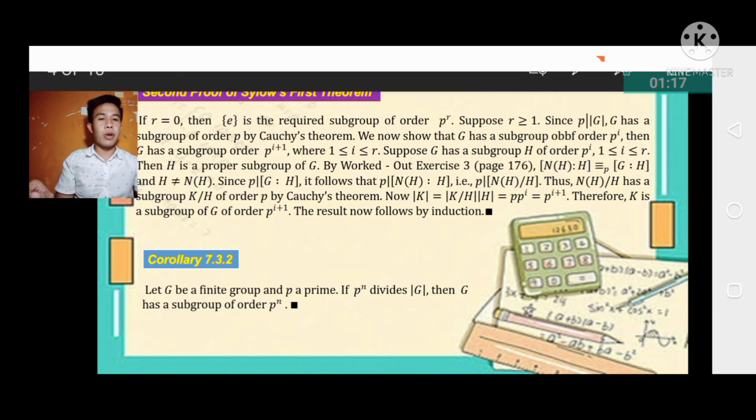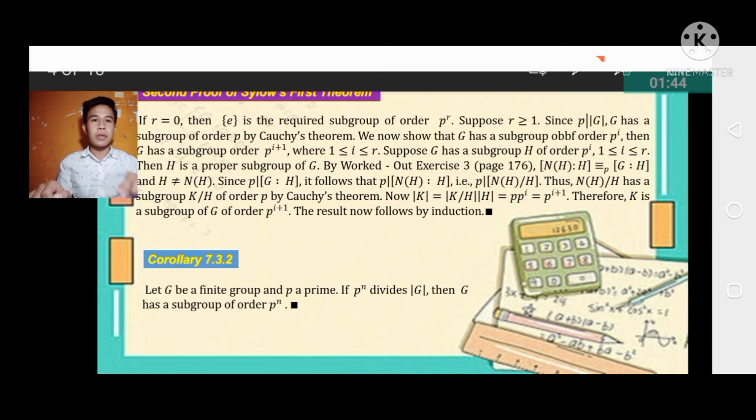Then p is a prime, p to the raised of n divides the order of the group G, then G has a subgroup of order p to the raised of n. So our finite group has order p to the raised of n times m, where p is a prime number, and n and m are positive integers.